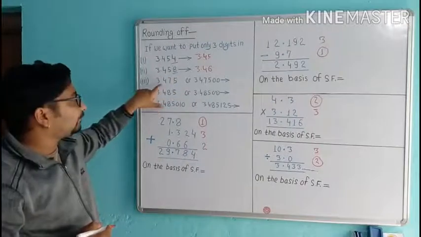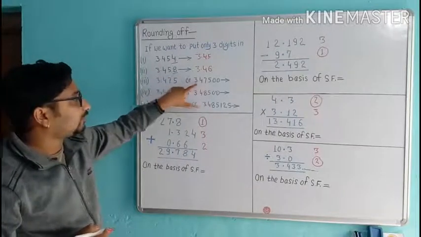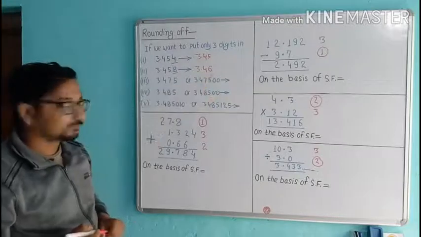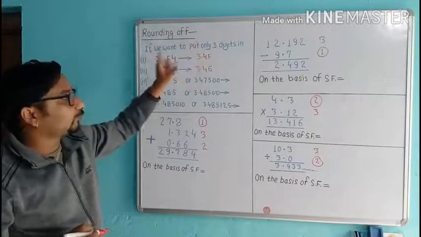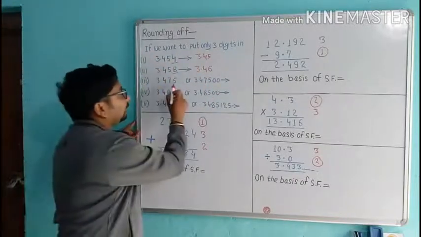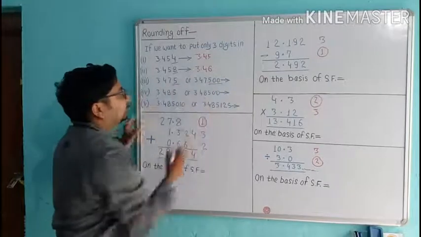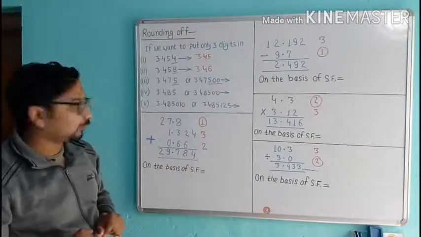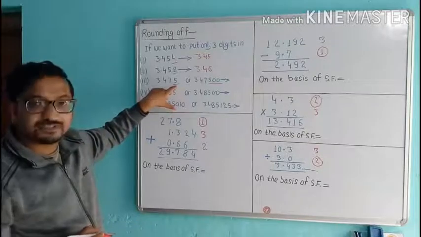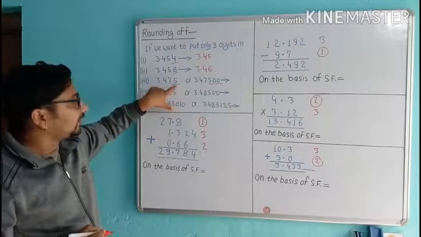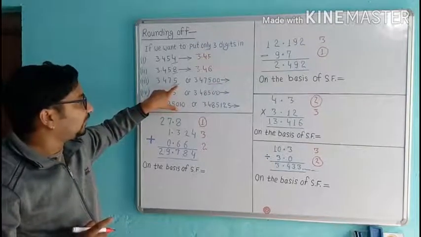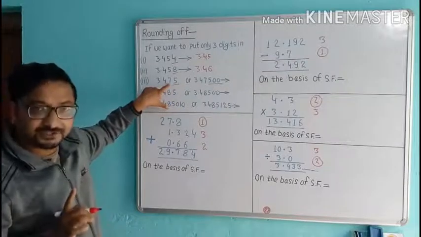Now next, 3.475 or 3.47500. If we want to put only 3 digits, that means we want to remove 5 or 500. Since this number is 5, in this case we just focus on the previous digit.